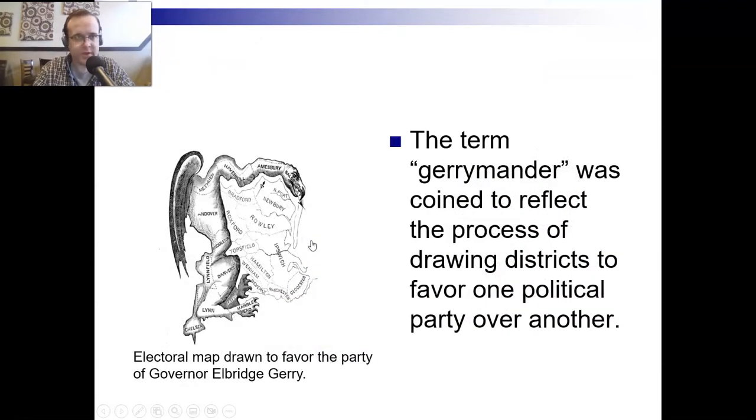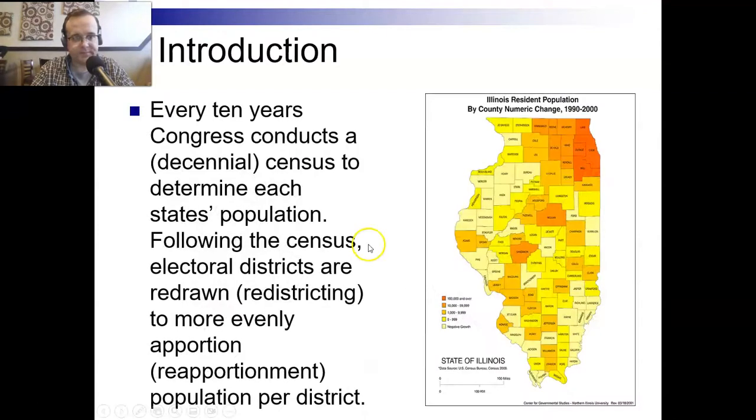And that's what gerrymander is, reflecting the process of drawing districts to favor one political party over another. And that happens all the time in Illinois. We just drew the maps. The Democrats, again, got to have a heavy hand in drawing the maps. The map was drawn heavily in favor of the Democrats.